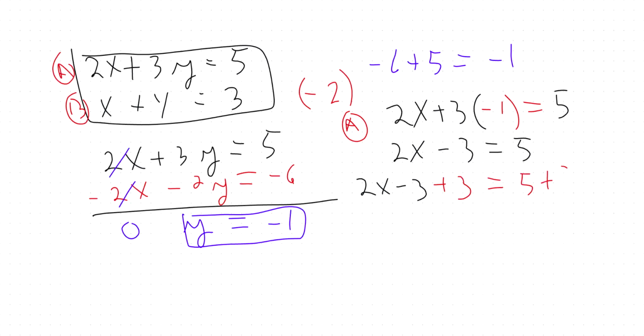The minus 3 and 3 cancel out, and you're left with 2x is equal to 8. So we divide by 2, cancel the 2's, and this is going to be equal to 4.